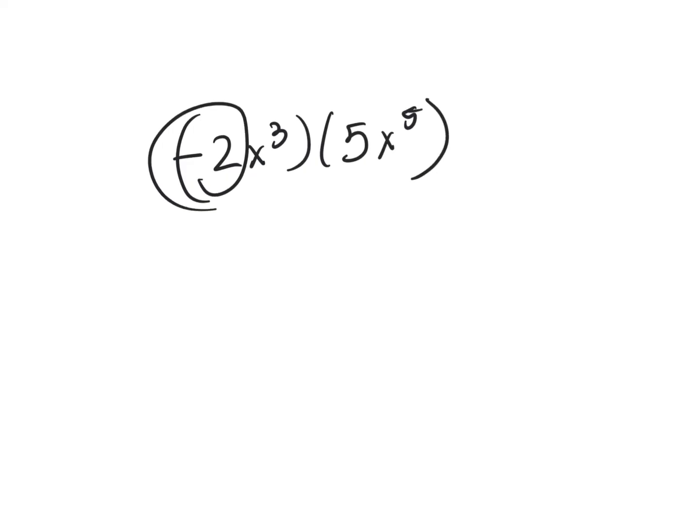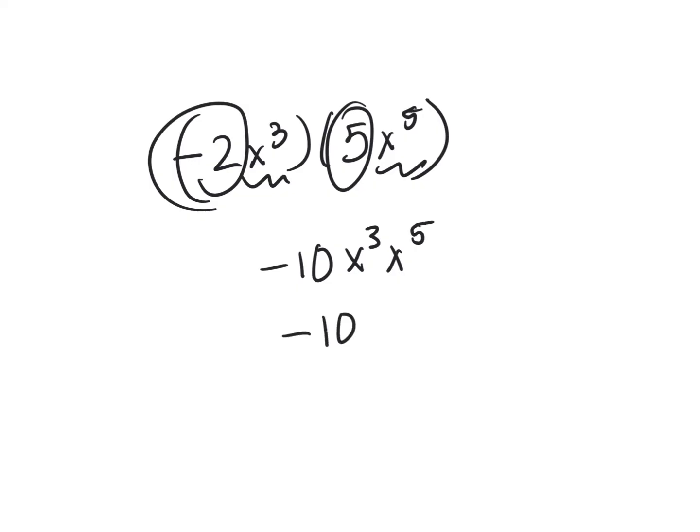When you're multiplying a monomial by a monomial, multiply the constant terms together, then you multiply the variables together. This is like we learned one section ago, where the exponents would be added like that.